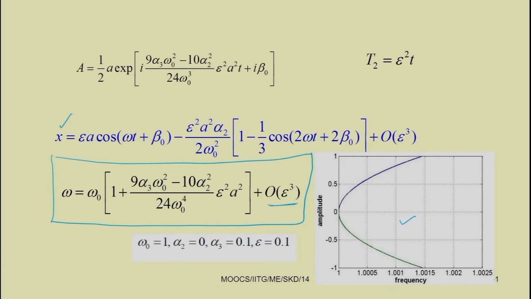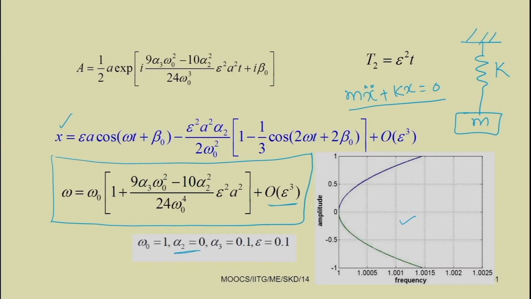If you recall the free vibration of a simple spring mass system, see this is mass, this is spring constant k, where the equation is written in this form, that is m x double dot plus k x equal to 0. If you are adding nonlinearity, then it becomes plus k1 x cube, because this quadratic nonlinearity we have taken alpha 2 equal to 0.